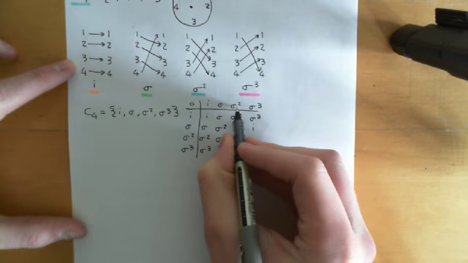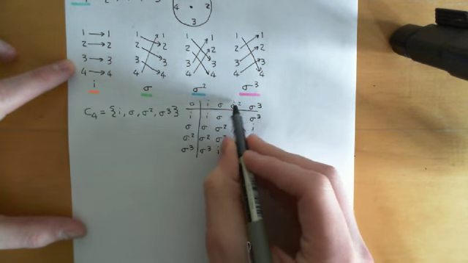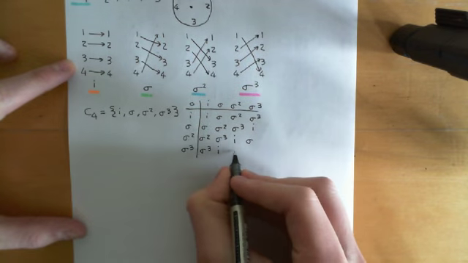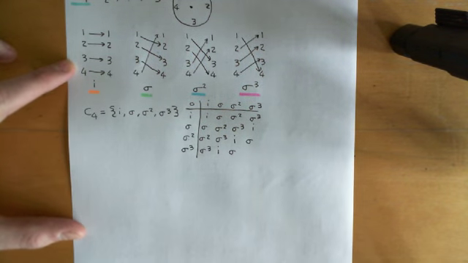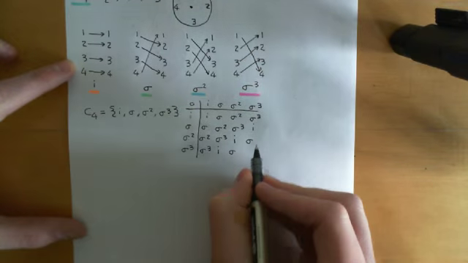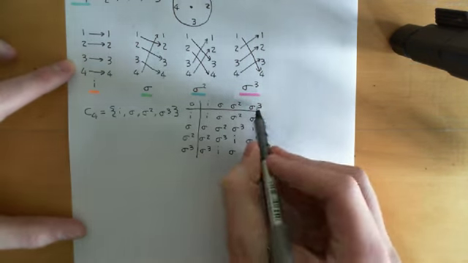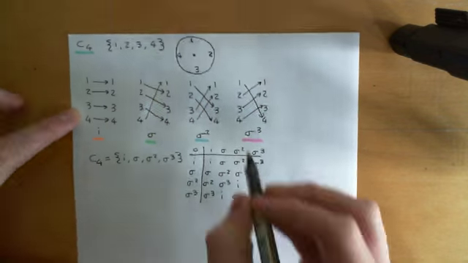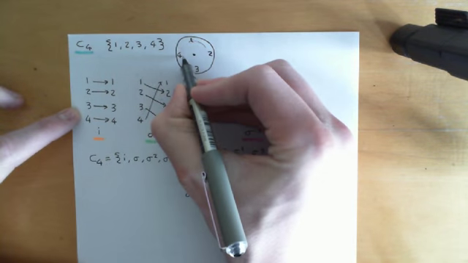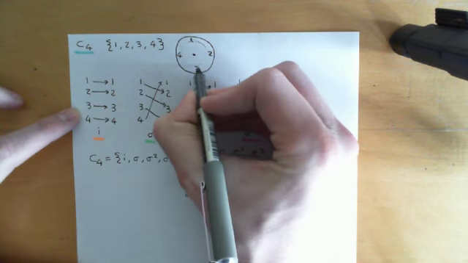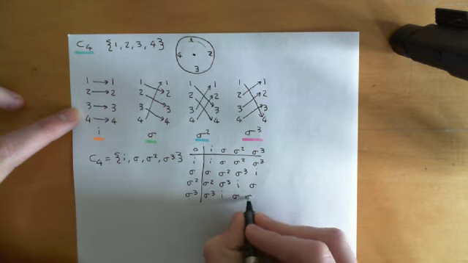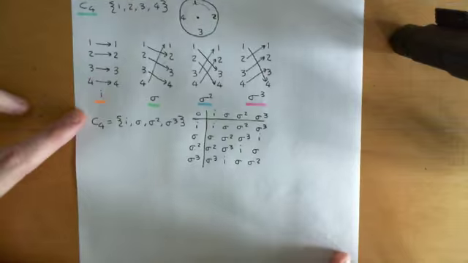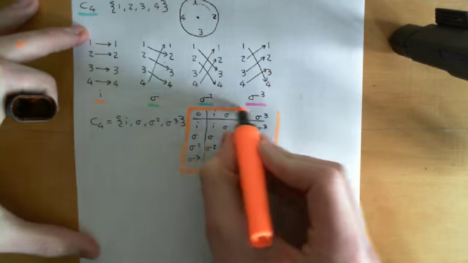Sigma cubed composed with sigma squared, that's rotate by 180, then rotate by 270, again that's overall net rotating by 90. And then sigma cubed composed with sigma cubed, rotate by 270, then rotate by 270 again, that takes us to rotating by 180, sigma squared. So here is our composition table on this group C4.